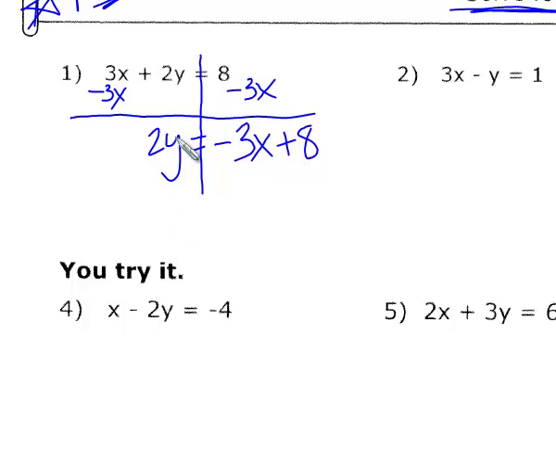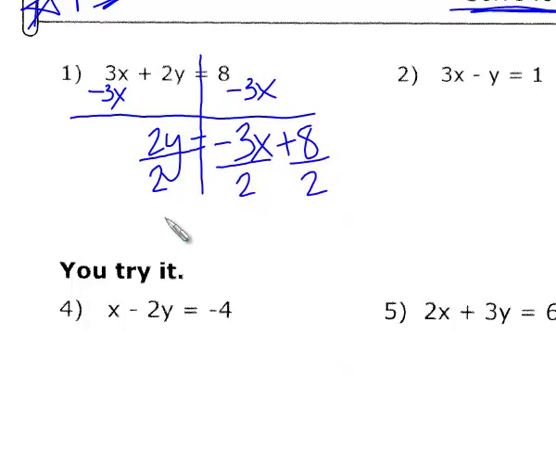Now, from here, I am still trying to get y by itself, so I know that 2 and y are being multiplied currently, and I need to undo that multiplication. So I'm going to divide by 2. If I divide by 2 on the left side, I have to divide by 2 every term on the right.